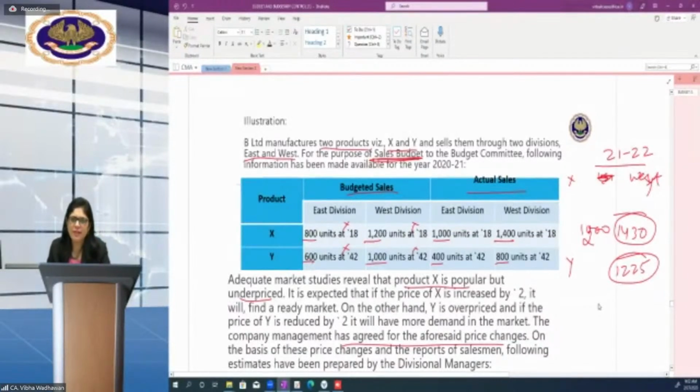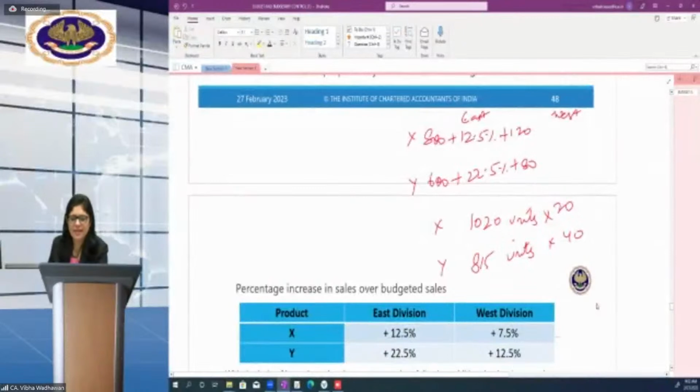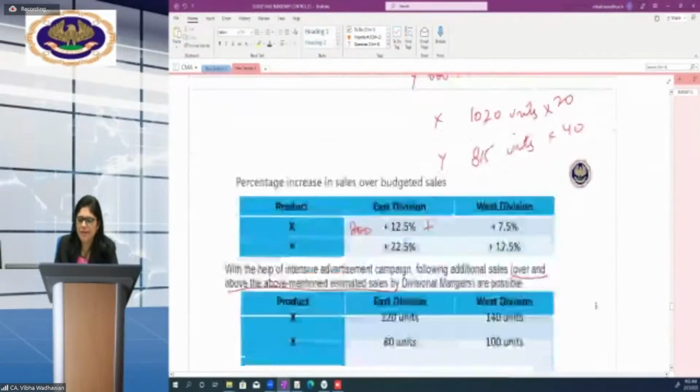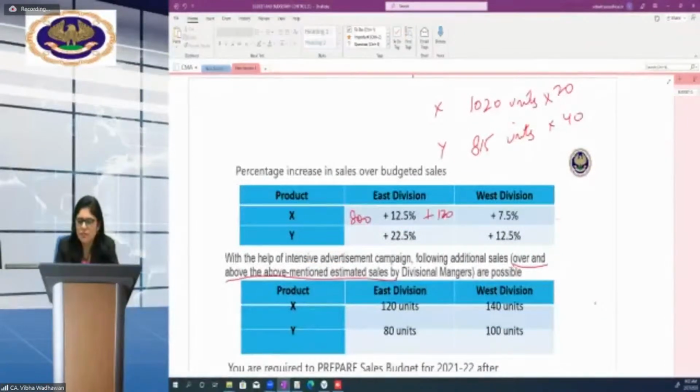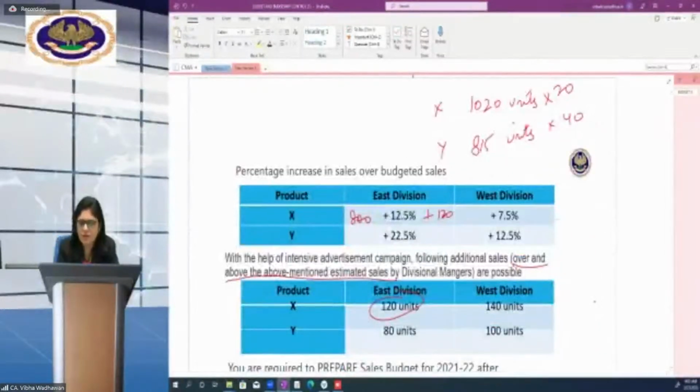800 units, I'm telling you again, for product X, 800 plus 12.5% plus 120 units due to advertising. Similarly, 600 plus 22.5% plus 80 units. So this is how it's 1020 and 815.